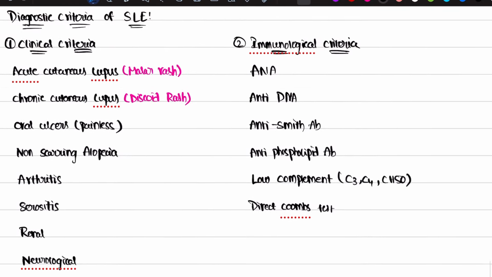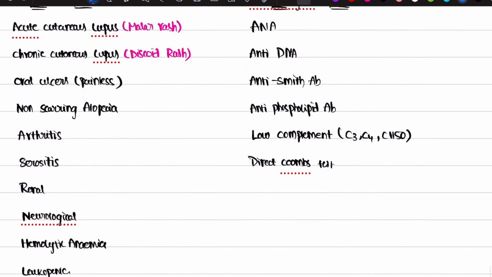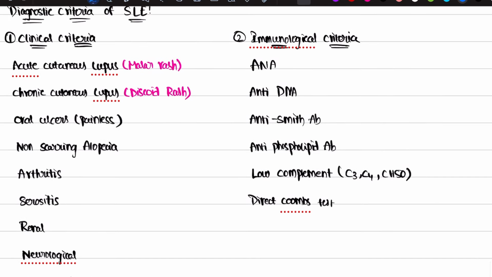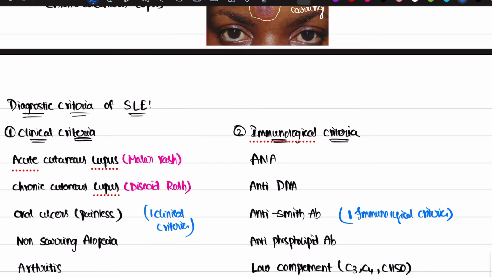In this whole list, you don't need to remember everything, but try to remember that at least one clinical criterion or one immunological criterion should be present to confirm it as SLE. That means for diagnostic criteria, the requirement is greater than or equal to 4.